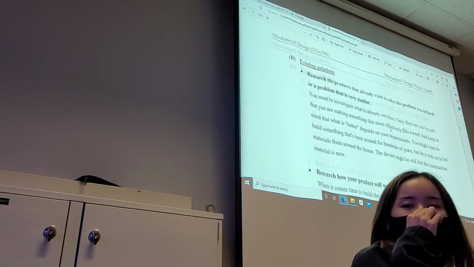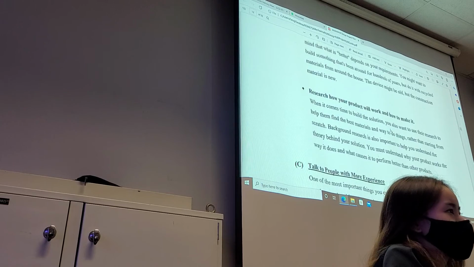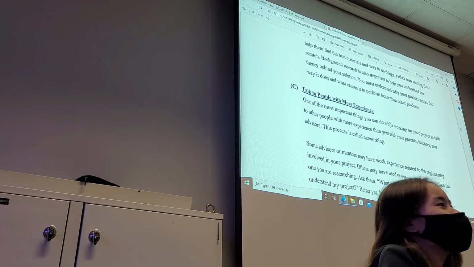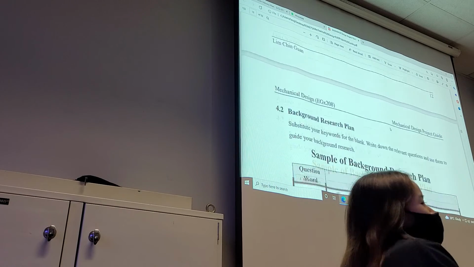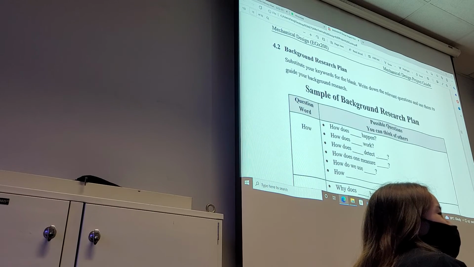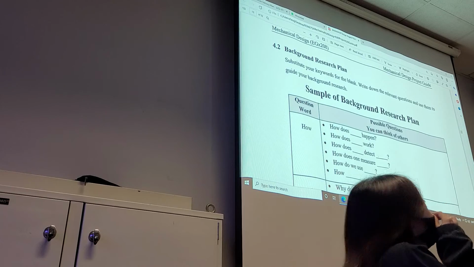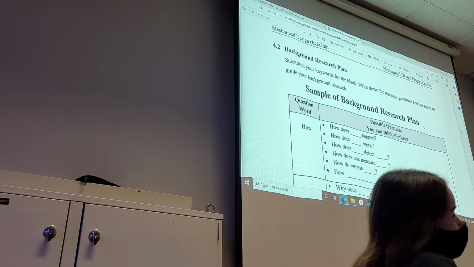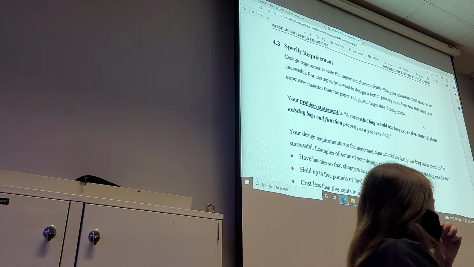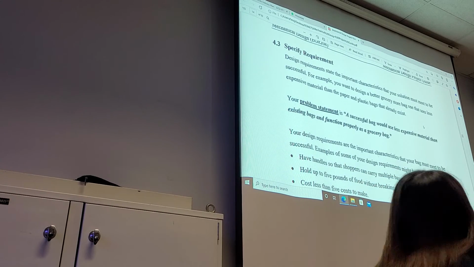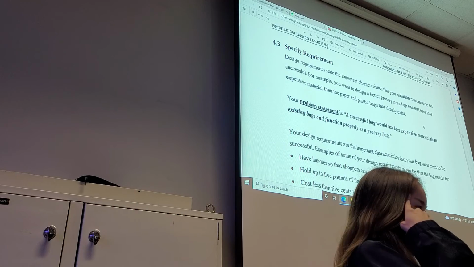And you need to find out a solution, talk to the people with more experience. This might be quite hard, but this is background research and a plan. They show you how to do that. Then after you have done so, you need to specify the requirement.